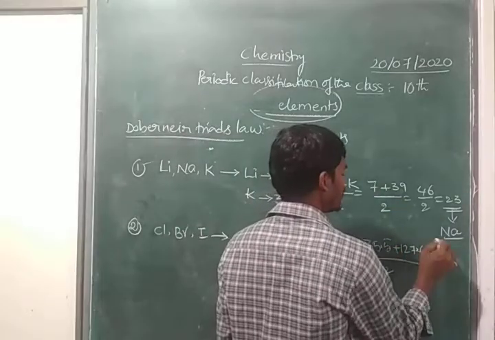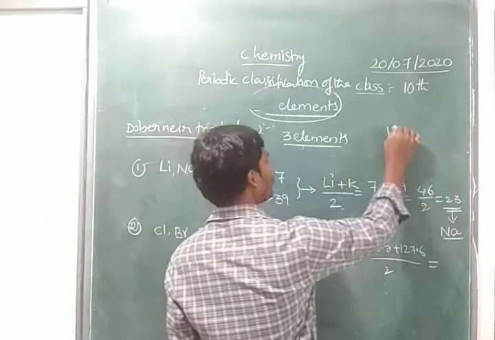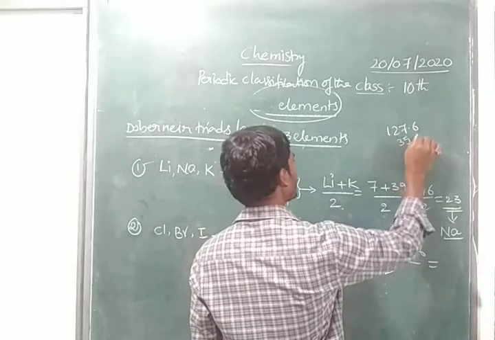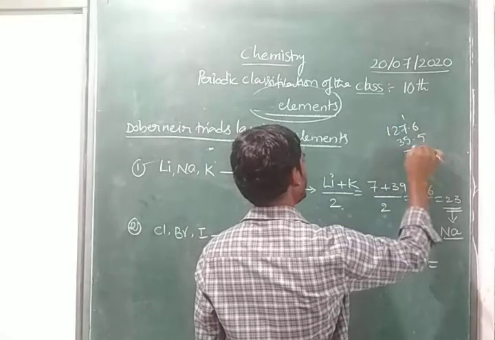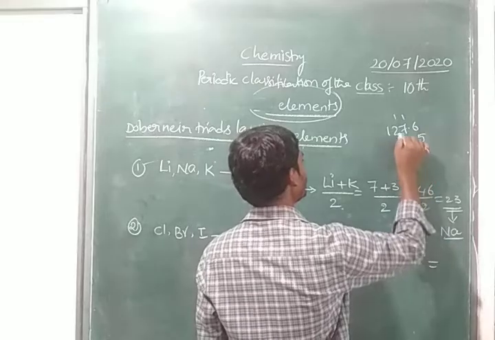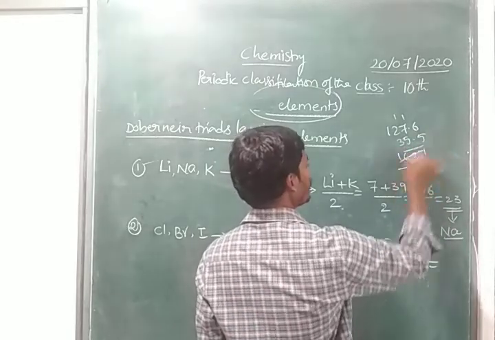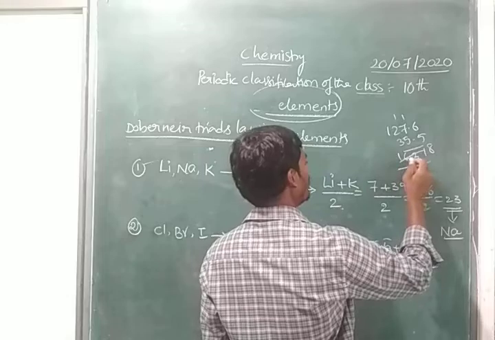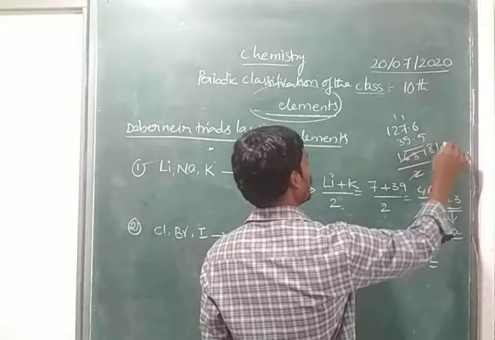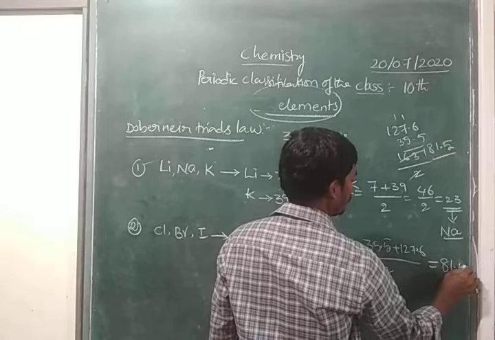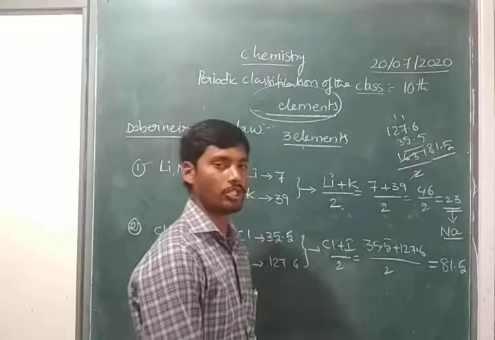Right, children? Approximately how much are we getting, children? 127.6 plus 35.5 is about 163, and by 2 we get approximately 81.5.